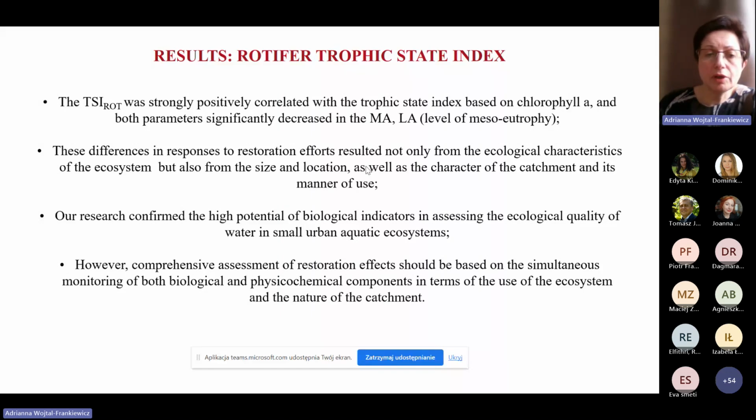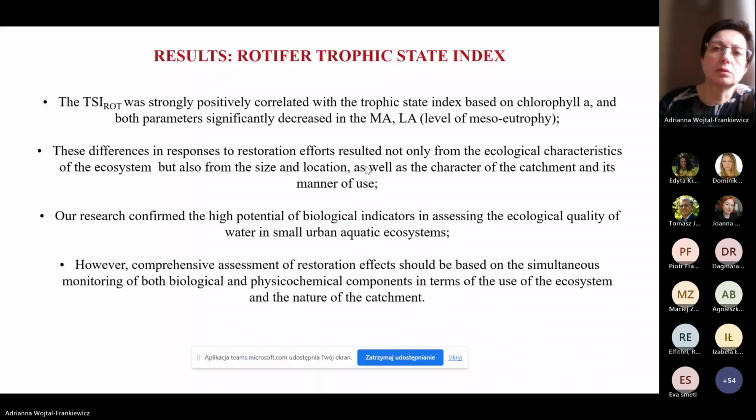However, comprehensive assessment of restoration efforts should be based on also monitoring of both biological and physicochemical components in terms of the use of the ecosystem and the nature of the catchment of this ecosystem.